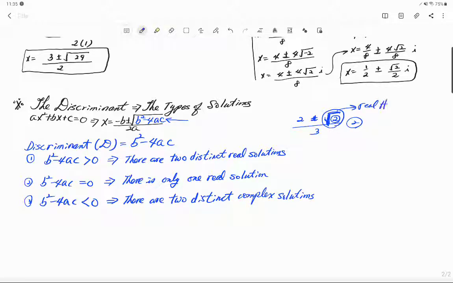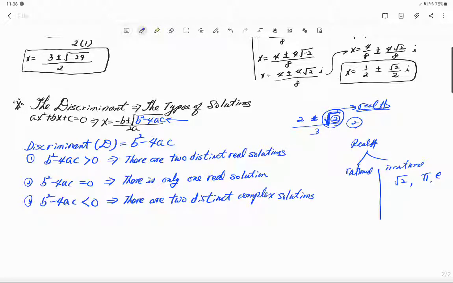Do you remember real numbers? Real numbers are composed of rational and irrational numbers. Irrational numbers are the ones that never terminate and never repeat, like square root of 2, pi, or e.